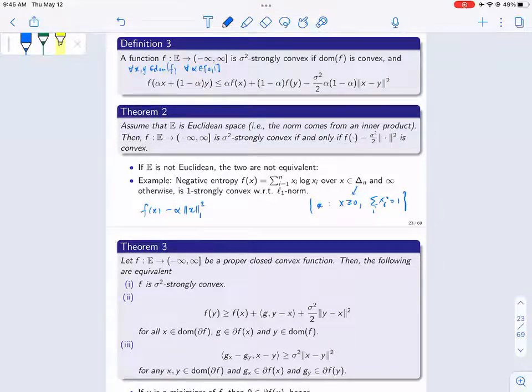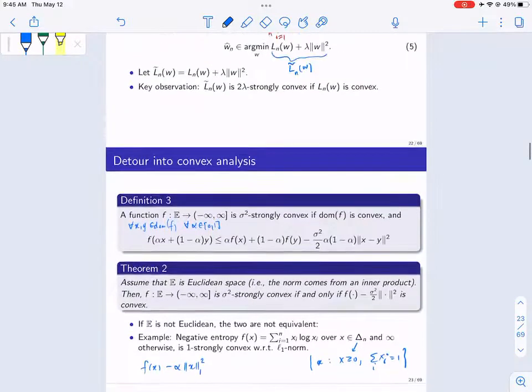So this type of definition is vacuous here. But that one works, and it's going to be 1-strongly convex.